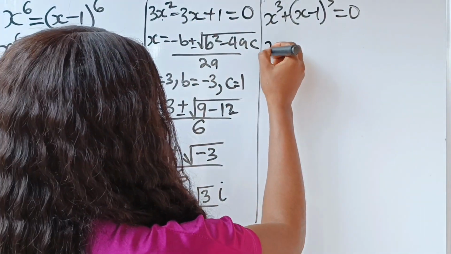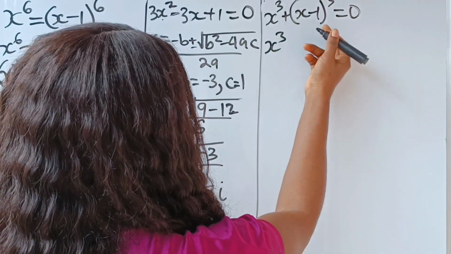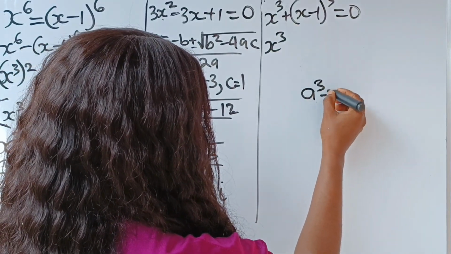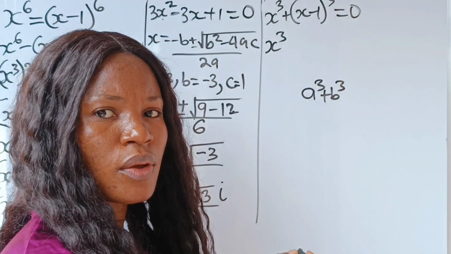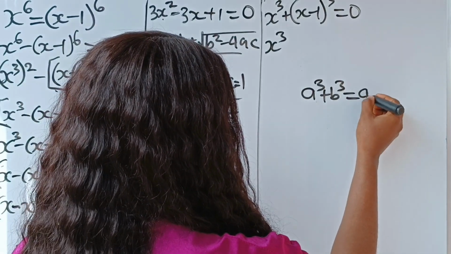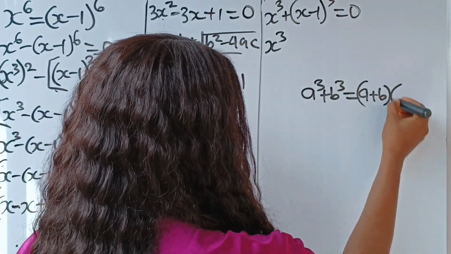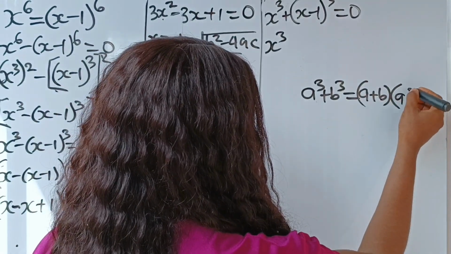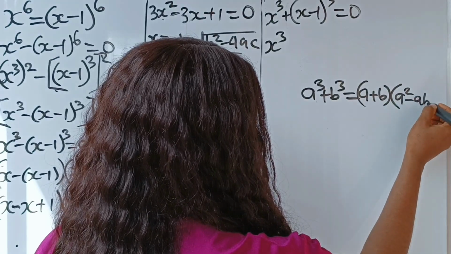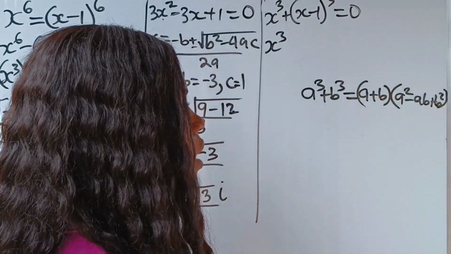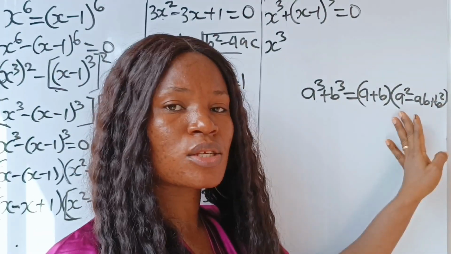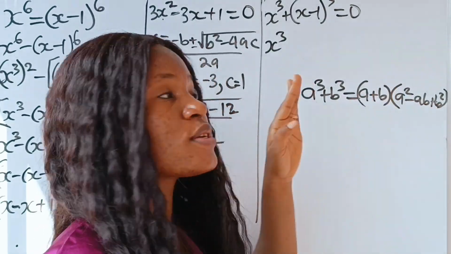Now we have that x to the power of 3 plus, this time around we have a to the power of 3 plus b to the power of 3. And this is equal to a plus b multiplied by a squared minus ab plus b squared.